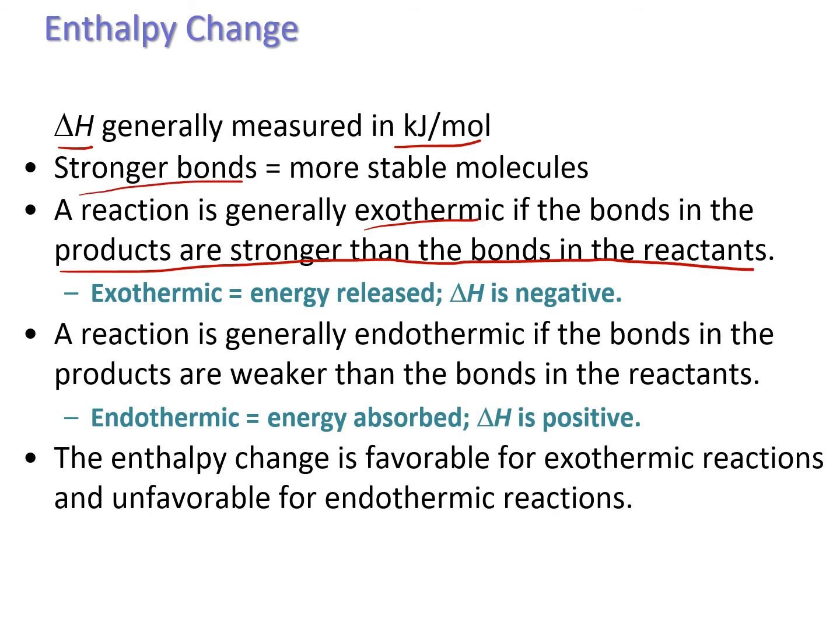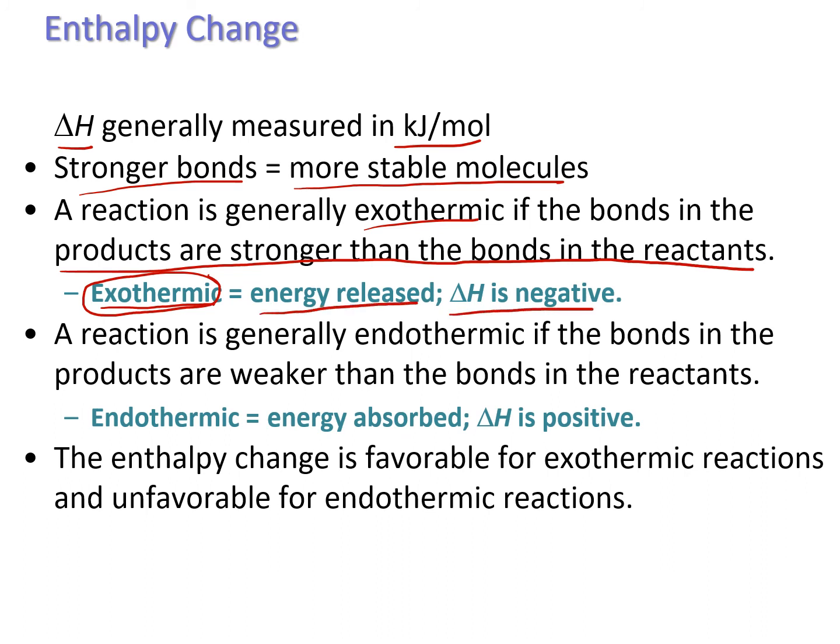Stronger bonds means more stable, and the universe likes more stable things. So it's going to release more energy, and it's going to be exothermic. And remember how overall spontaneity releases energy, so this helps that spontaneity out. So energy is released, delta H is negative.